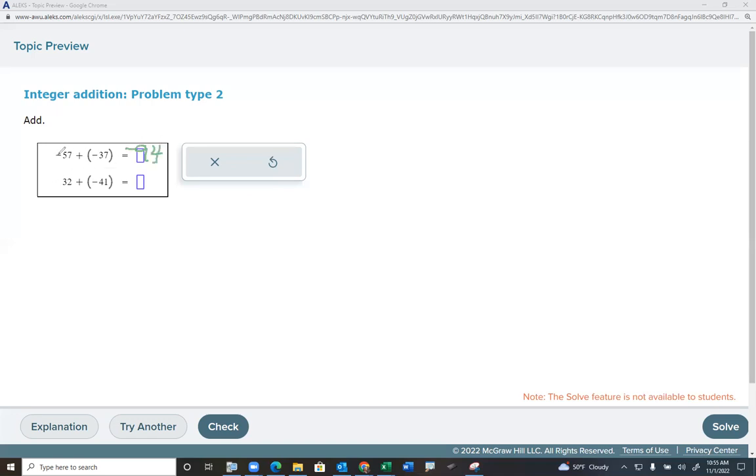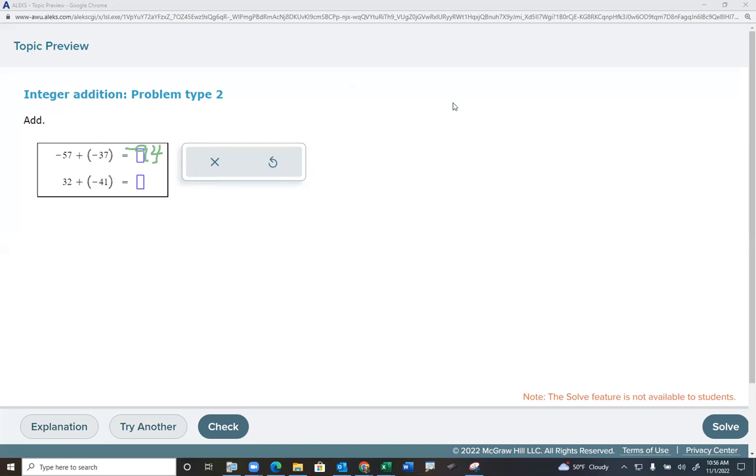Okay, you can think of it like this. I'm in debt $57, and I add to that a debt of $37. Now I'm in debt $94. That's basically what's going on. Okay, at least if you look at it financially.